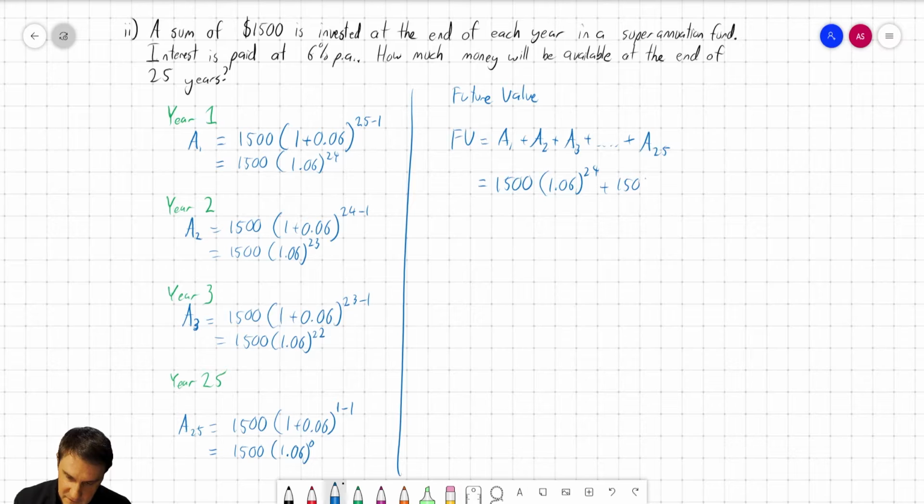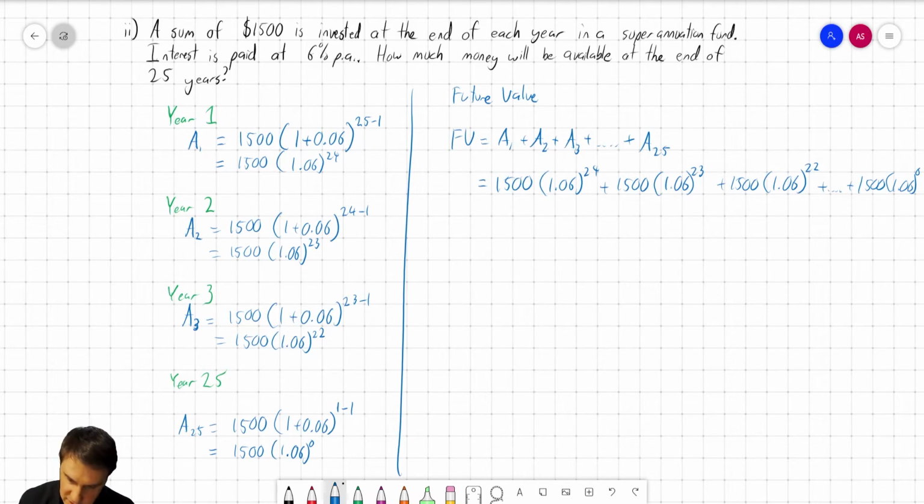Then we're going to have 1,500 times 1.06 to the power of 23. Then we're going to have 1,500 times 1.06 to the power of 22. And then the last one, which is 1,500 times 1.06 to the power of 0. So this is what our geometric series is going to look like in this case.